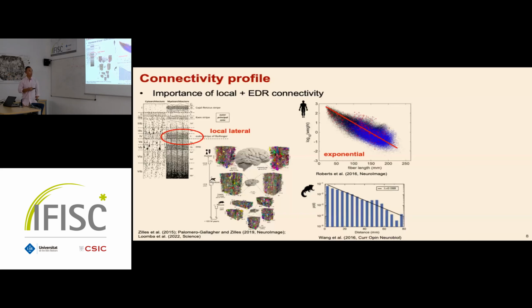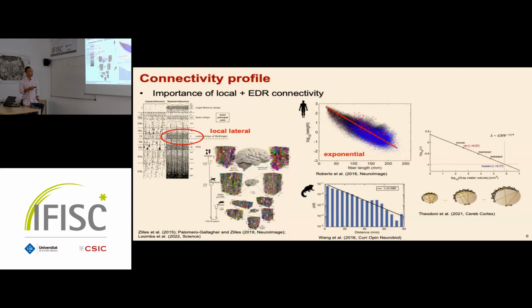But they see the same effect: you have this exponentially decaying rule. And again, it's true in mouse, macaques, and so on. So this is a very nice assumption to lean on because it's true. We see it a lot in data.